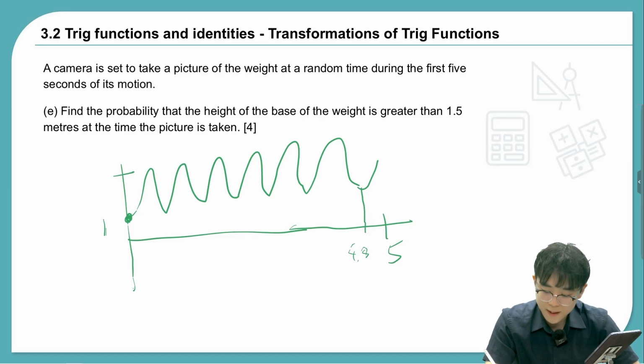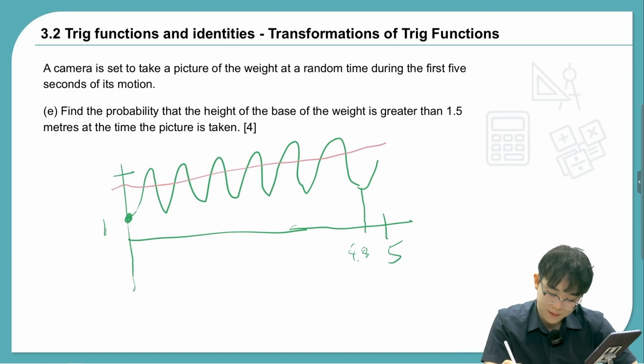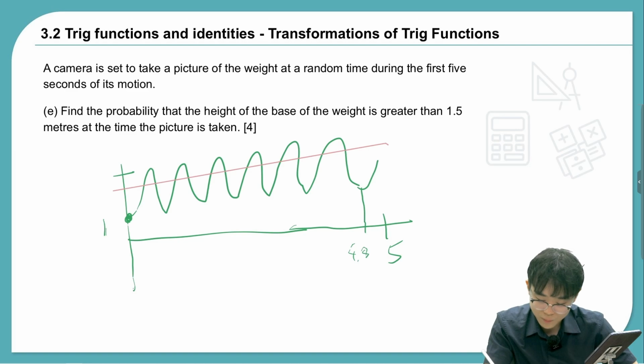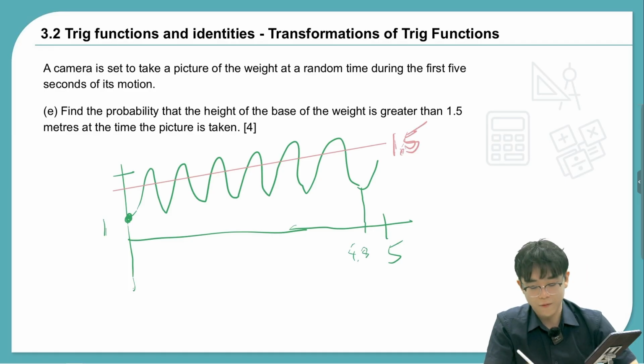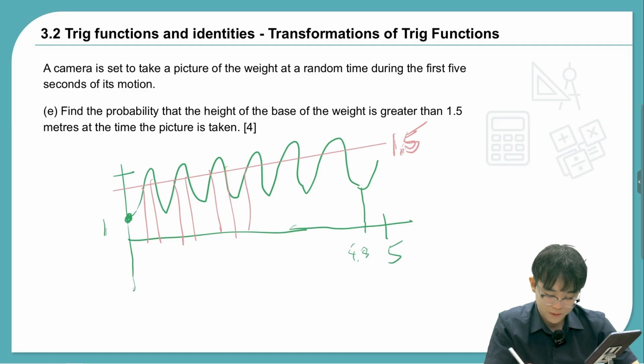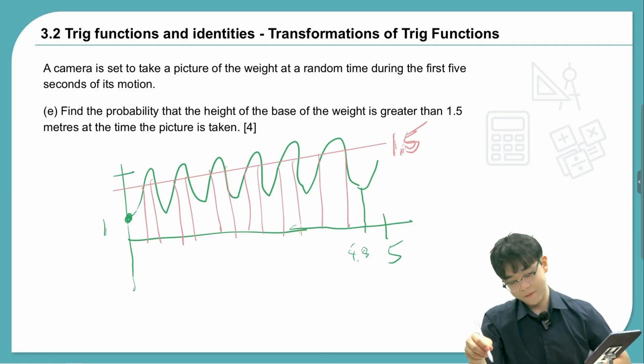So if we were to take a photo at any point, and you want to find the probability that the height is greater than 1.5, what we want to do is draw the baseline at 1.5, and find the intervals of time where this graph was greater than 1.5, right?